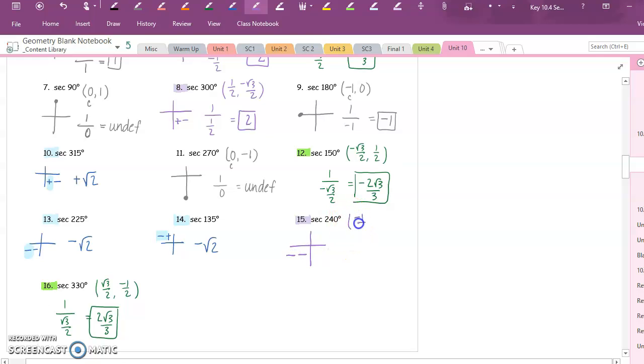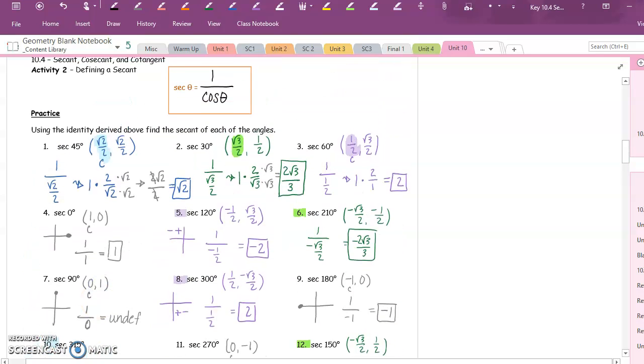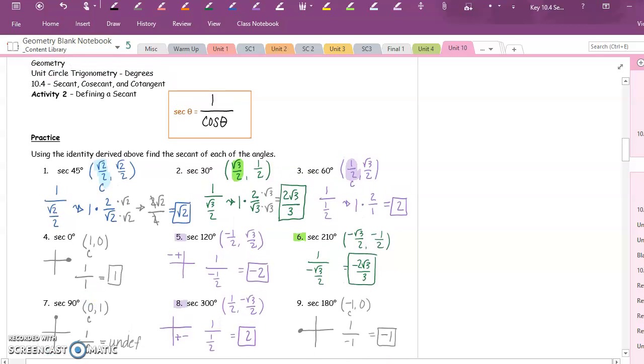So we have negative 1/2, comma, negative square root 3 over 2. So we have 1 over negative 1/2. And we get negative 2. Again, we already did the math in number 3. And those are all of the answers. So this is the entire unit circle and all of my answers for secant of the different degrees.